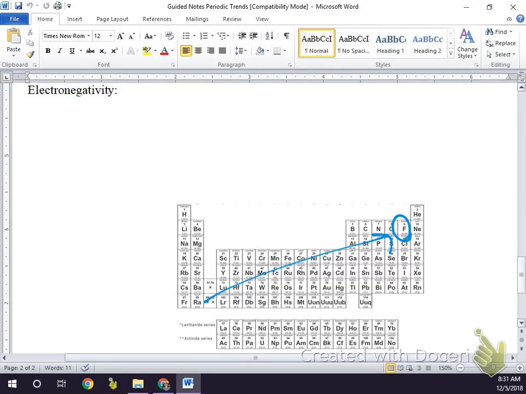And they won't. Francium has the lowest electronegativity value because francium doesn't want to take electrons. It wants to give its outer electron away. So there's no reason that it would pull electrons toward itself. It's not going to attract electrons. It wants to give it away. Okay? What questions do we have about any of our 4 periodic trends?